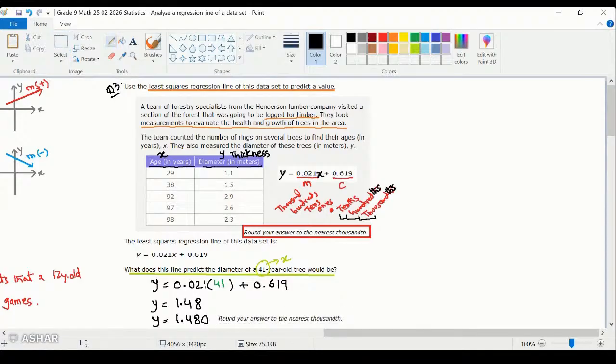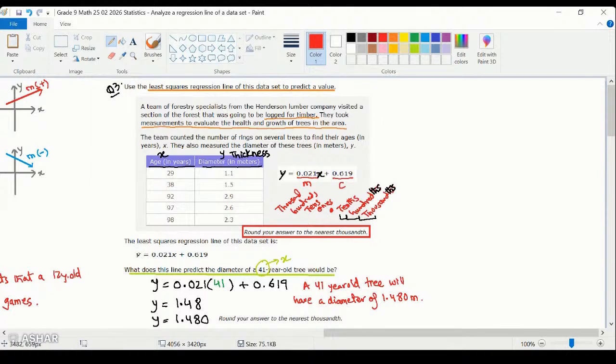So what is the prediction? The prediction is that a 41-year-old tree will have a diameter of 1.480 meters.